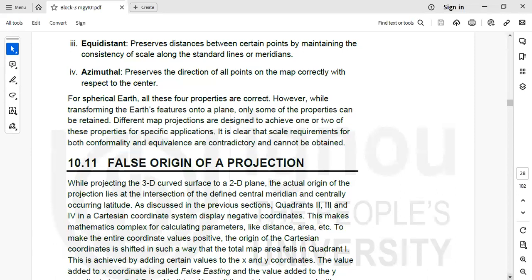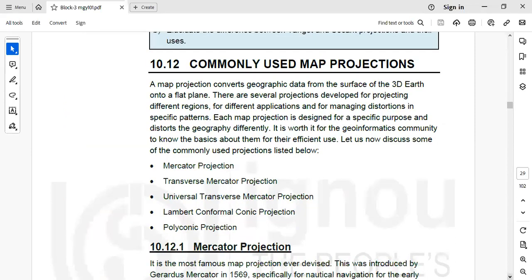Number one is the Mercator map projection. Then we have the transverse Mercator projection. Then the universal transverse Mercator map projection. This is a very important map projection, and it is used globally.